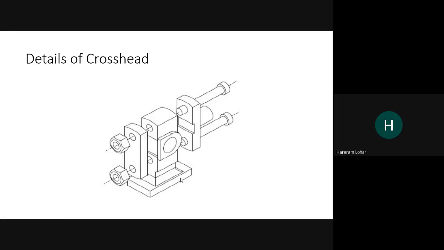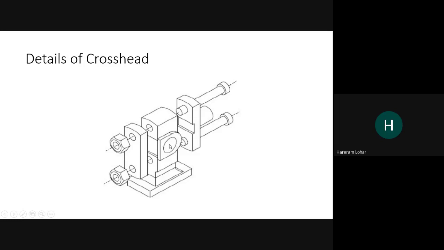So that's why the material will be brass. We know that when the material is brass, the frictional loss will be much lesser. To reduce the frictional loss, the material will be brass here.